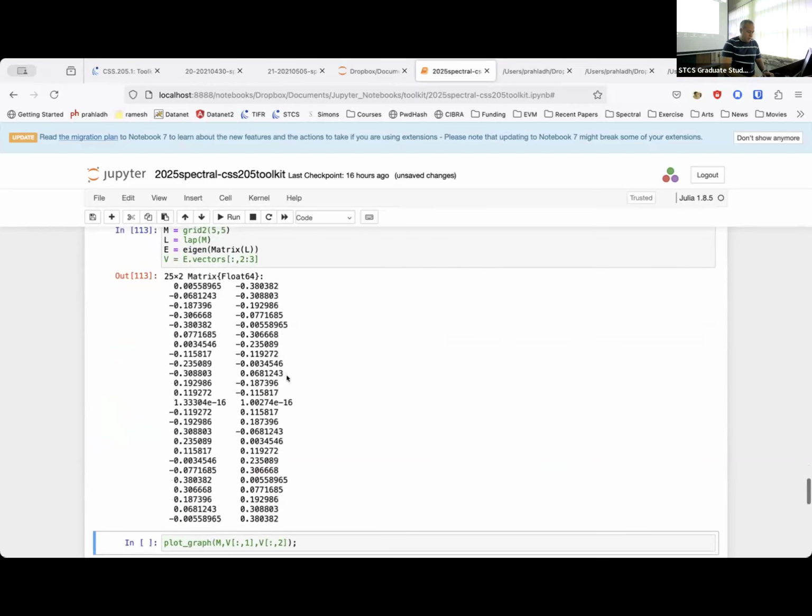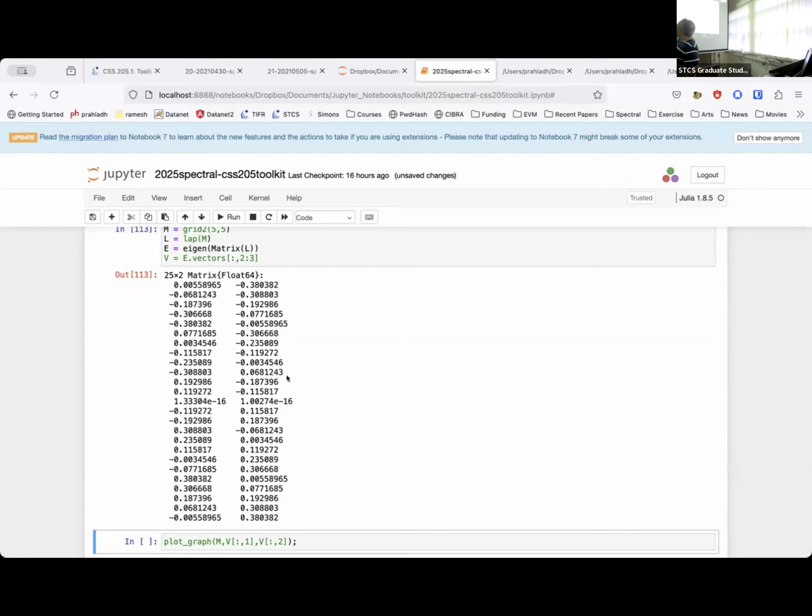V is E dot vectors 2 and 3. I'm not plotting the first two, but the second and third eigenvectors. Notice I should not take the first eigenvector, because it is a flat eigenvector, so I'm taking that out. All of the plotting is with respect to the second and third eigenvectors.